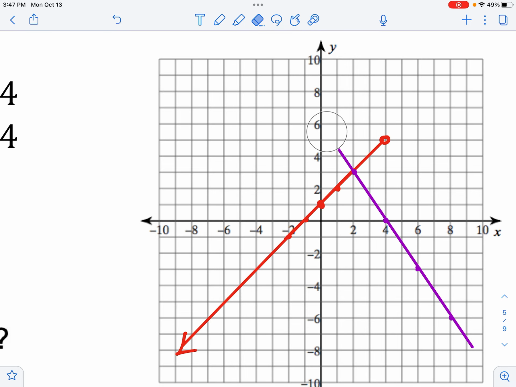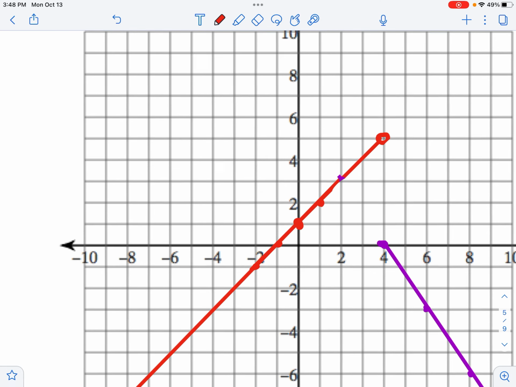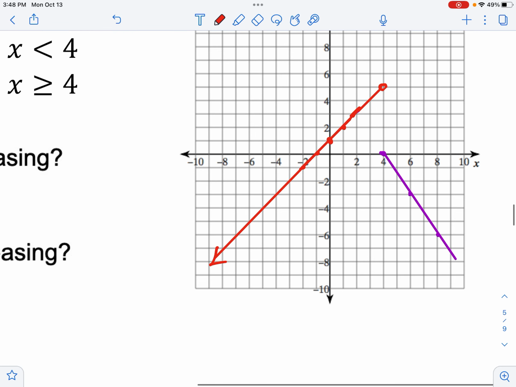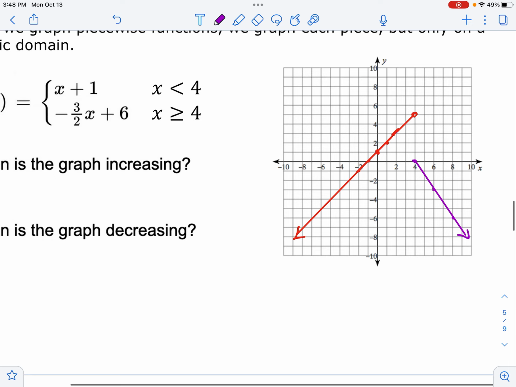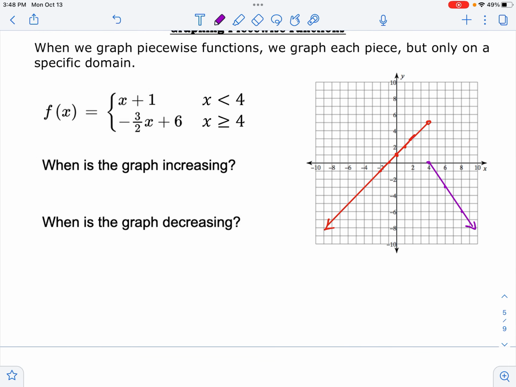I need to get rid of this part. I guess that works. Not quite as cool as I wanted it, but we'll go with that. All right, so you can see the two pieces there, and we've graphed it.